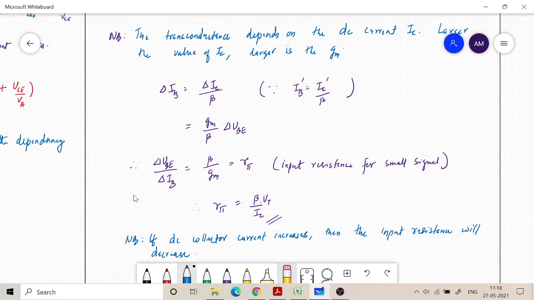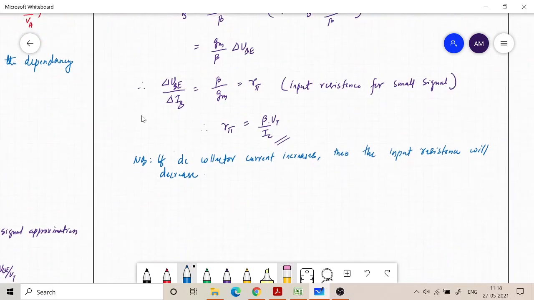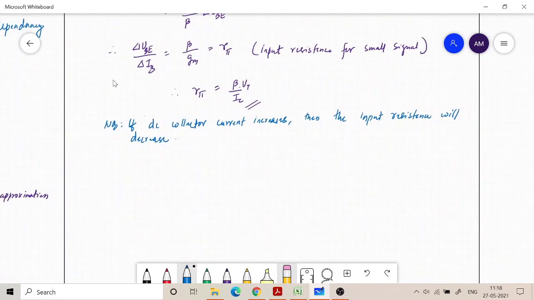So the other parameter that we need to look at: we derived the transconductance and the input resistance. Now we are going to derive what is called the output resistance. For that, again you take the expression for IC.